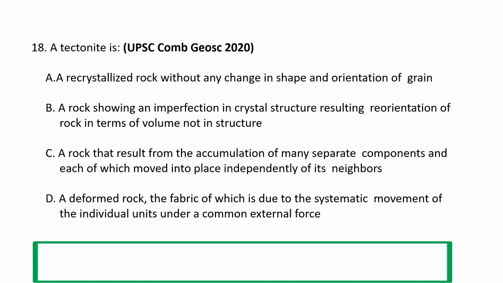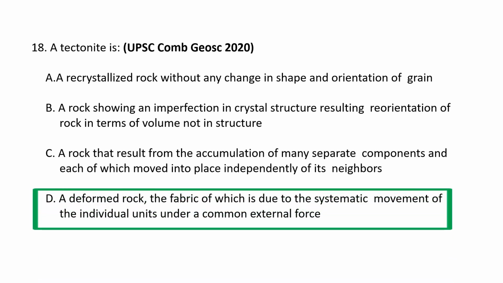So a tectonite is a deformed rock, the fabric of which is due to the systematic movement of the individual units under a common external force, and the rocks that are pervaded by cleavage, foliation and lineation are known as tectonites. D is the correct option.